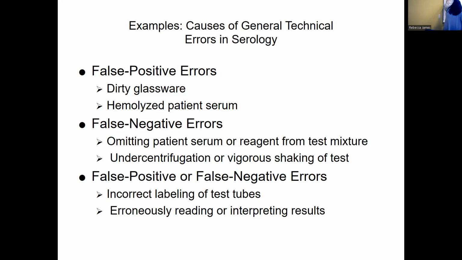When I think about accuracy and precision, I almost think about a bullseye. So let's think of a bullseye. We want to get right in the middle. We want to get a bullseye.